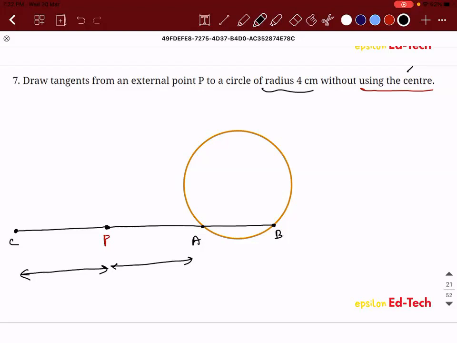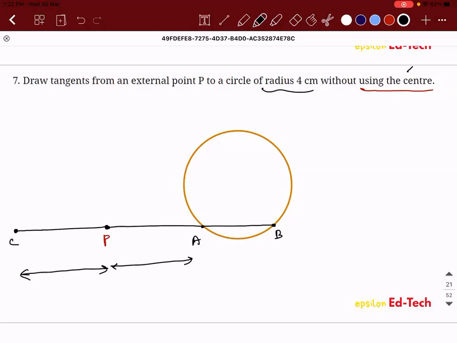Then we need to draw a semicircle with CB as the diameter. How will you draw it? Sir, CB, sir. So first we have to make the perpendicular bisector and then draw a circle, sir. Instead of a circle, we have to draw a semicircle.